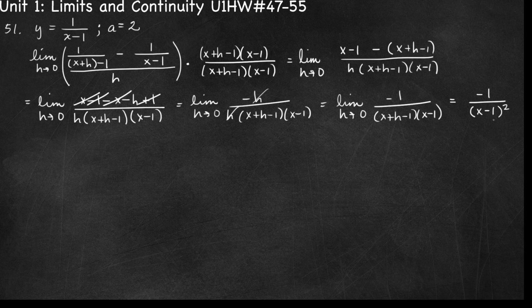So that's the general equation for my slope. I specifically want to know the slope when a equals 2, or when x equals 2. So at x equals 2, my slope is negative 1 over 2 minus 1 squared, or just negative 1.